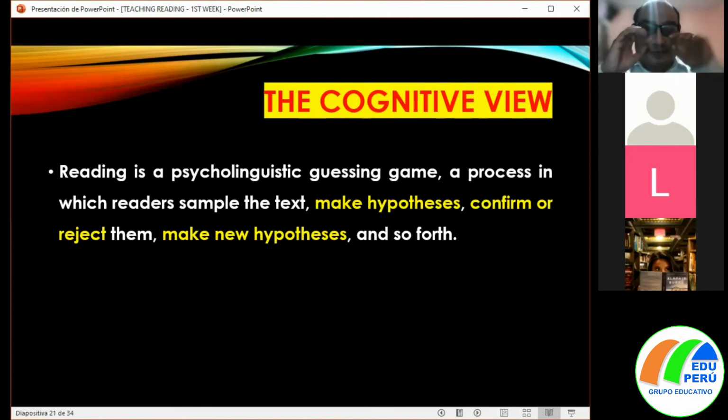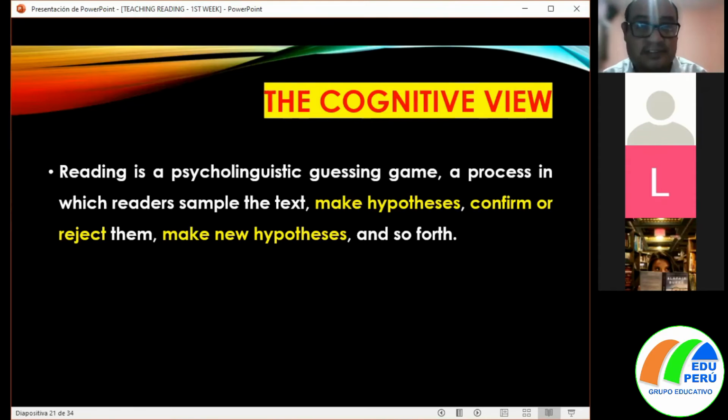Notice what the big difference is with the previous theory. In the previous one, the most important thing is the text, to recognize letters, words, sentences, and the meaning of these words, phrases, and sentences, and so on. But here, no. Here it is like a guessing game. You need to predict. You need to make hypotheses, confirm or reject them, and create new ones.